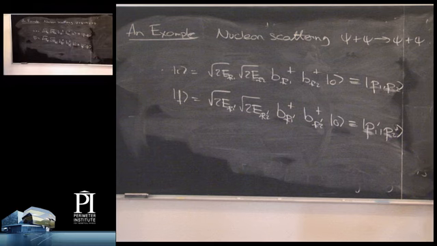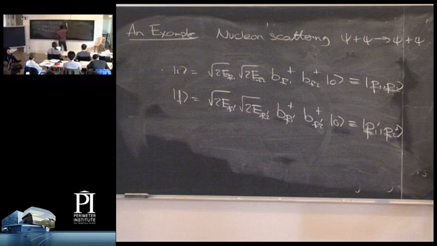Okay, so what do we want to compute? We want to compute the probability for this state with some momentum to turn into this state. Actually, if these momenta are exactly the same as these momenta, there's something trivial that can happen, which is the two particles come along, they don't do anything at all, and they keep going along.